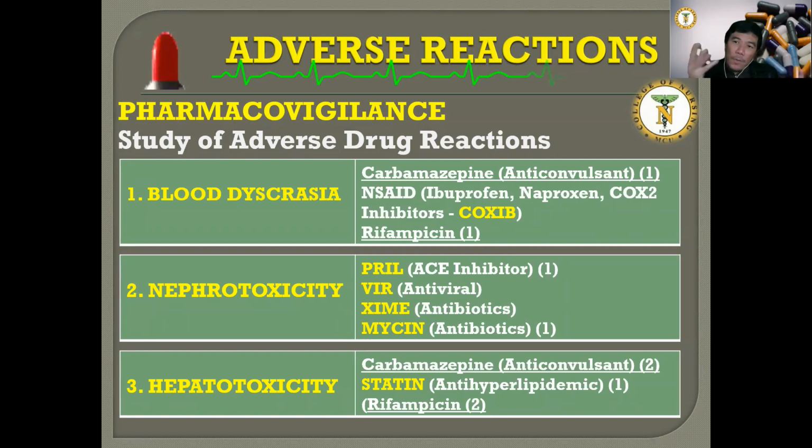So if there are adverse reactions affecting the kidney, expect natin the one that can have deviations in the function, for example for the kidney: if there is retention of fluid, yan, pitting edema, if there is a problem with urine output, yan. Those are the adverse reactions na hindi expected, or these are unexpected na hindi siya side effect, but rather these are mga unusual reactions of drug. At if these unusual reactions, yan, dyan na natin makikita dun sa pril, sa vir, sa SIME, sa mycin.